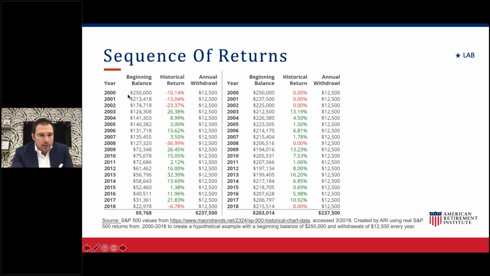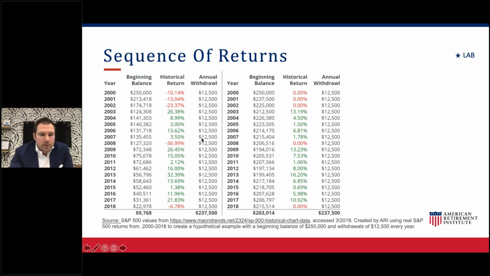Basically, here's the market. Here's the S&P from 2000 to 2018. And here's a tech bubble. Here's 2008. 2018, the market was down. 2019, the market was up 30%. And we're down 10% as it stands right now. If you put $250,000 into the S&P in the year 2000, from 2000 to 2018, and if you took out 4% of that number, that's actually 5%, I believe, $12,500 per year.